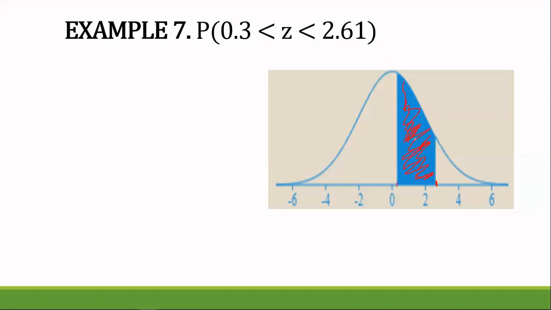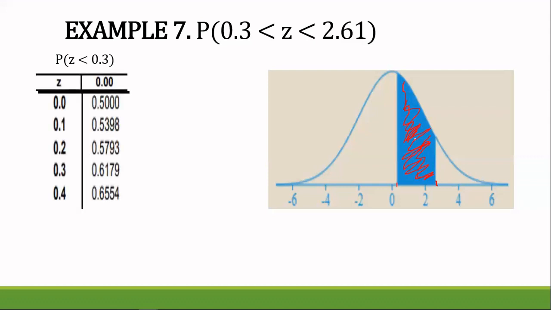So applying the condition for this, so we need to get the value of Z less than 0.3 first, no? Ayan. So just simply 0.3. So looking for 0.3. And then since 0, 0, ayan. So the intersection will give us 0.6179.